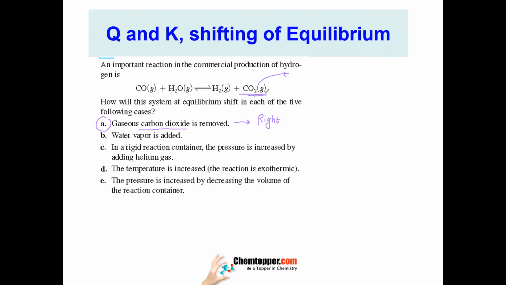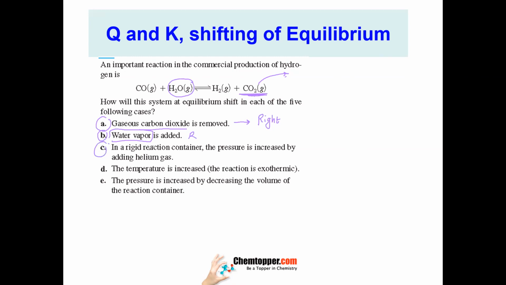You are decreasing it. If you are decreasing, it will shift in the direction to increase it. Yes, it will try to increase the amount of CO2. Okay, no problem. B. Water vapor. This one. It will shift to the right.